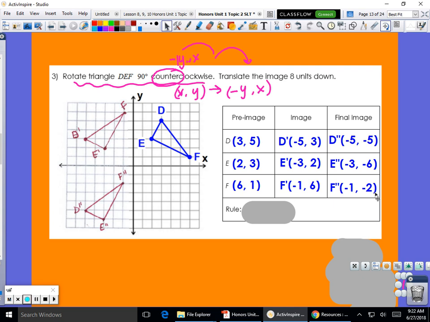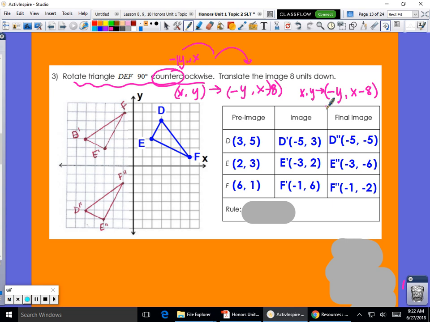Okay. Now, the first transformation was this. The second transformation affected the y, and the y had to decrease 8. So we're going to take this, which is now considered our y, and decrease 8. So the final negative y, x minus 8 would be our rule.